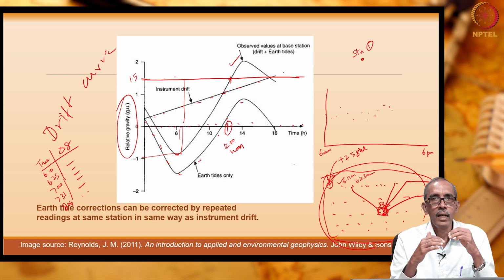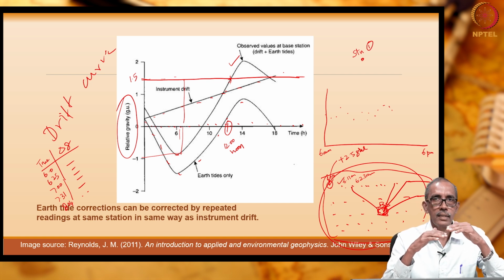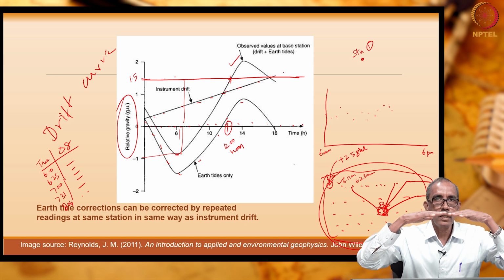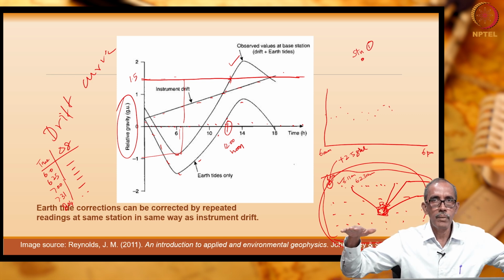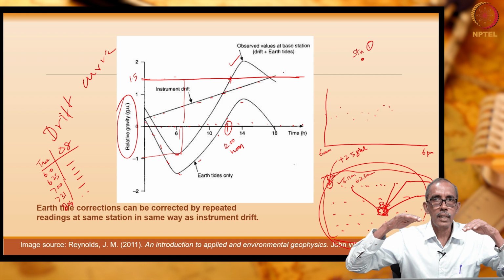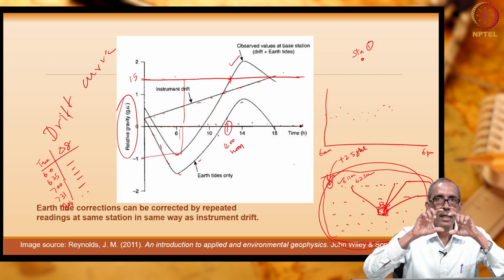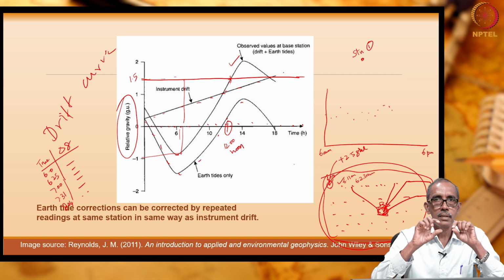Next is free air correction. Those stations are located at different elevations, we converted them as if they are all at the same elevation. Bouguer correction, those stations are located at different elevations, the thickness of the additional mass impact is different, we have nullified that.